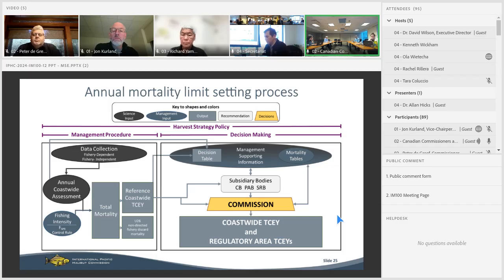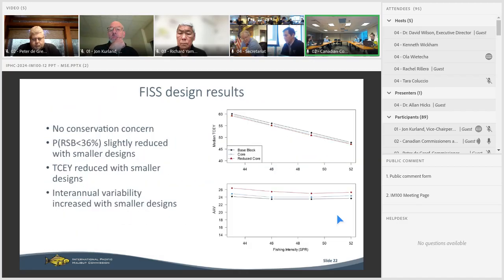My first one was, I was just looking through the scenarios, or sort of the results that began around slide 17. And one of the things that struck me was how high the median TCEY numbers are. And that got me thinking, what were the starting conditions for the modeling?